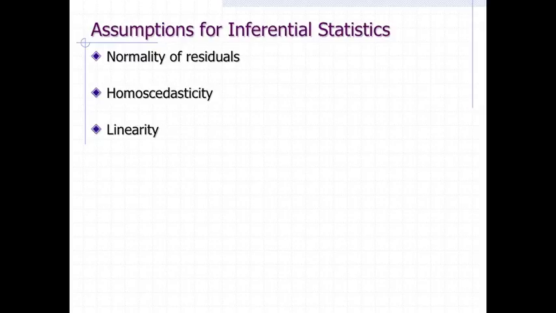It is also assumed that the variance of the errors of prediction is the same for all predicted values. Finally, it is assumed that the relationship between each predictor variable and the criterion is linear. If this assumption is not met, then the predictions may systematically overestimate the actual values for one range of values on a predictor variable and underestimate them for another.